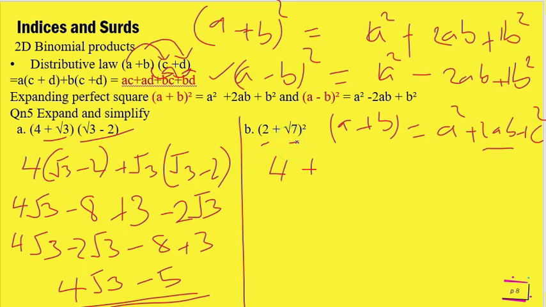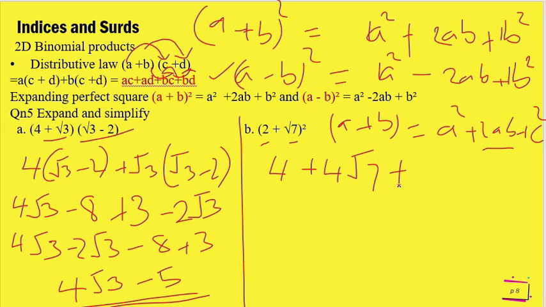The product of the 2 is 2 multiplied by root 7, that is 2 root 7, then multiply by 2 will be 4 root 7, and then the last term will be the second term squared, so that is root 7 squared.